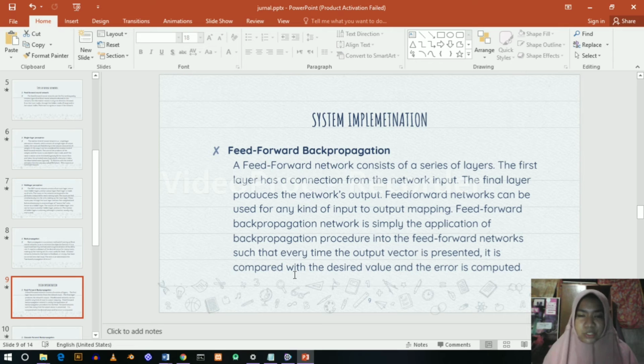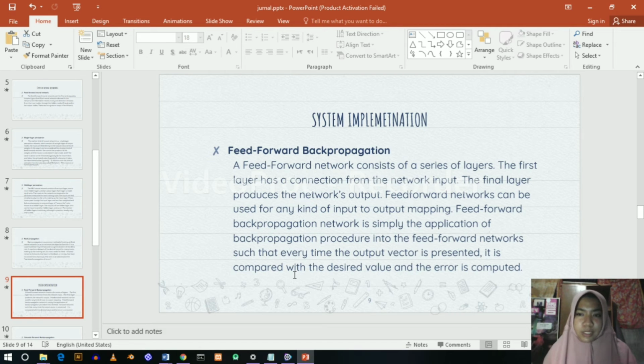System implementation. First, feed-forward backpropagation. A feed-forward network consists of a series of layers. The first layer has a connection from the network input. The final layer produces the network's output.